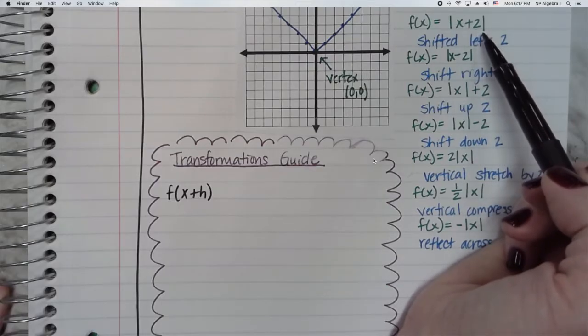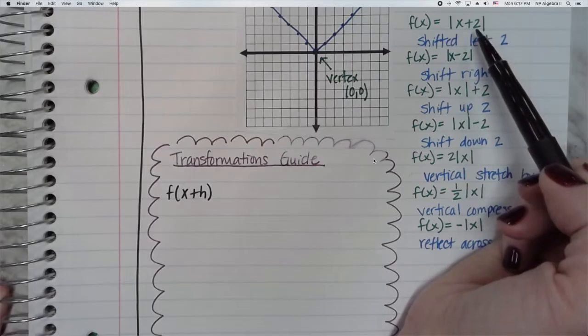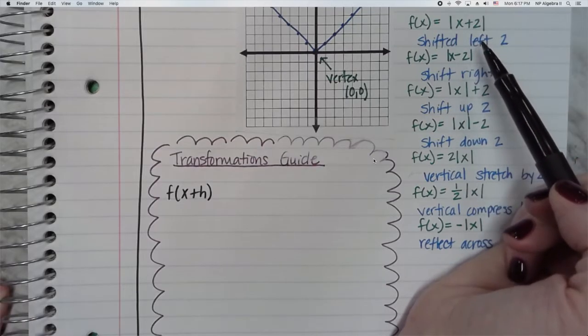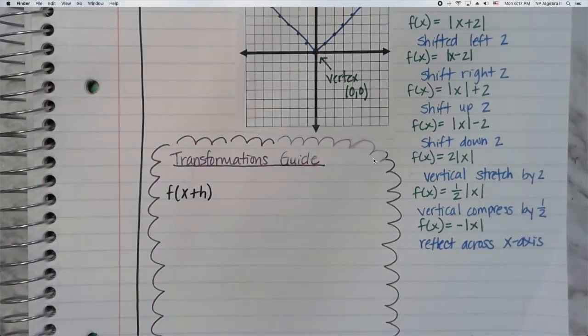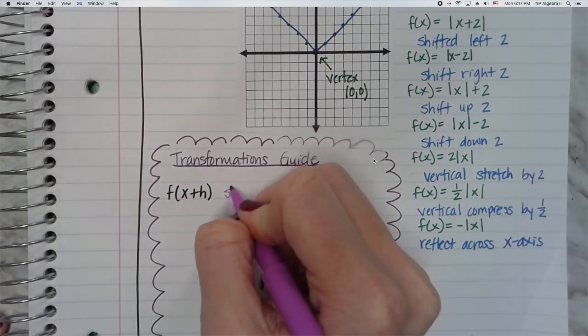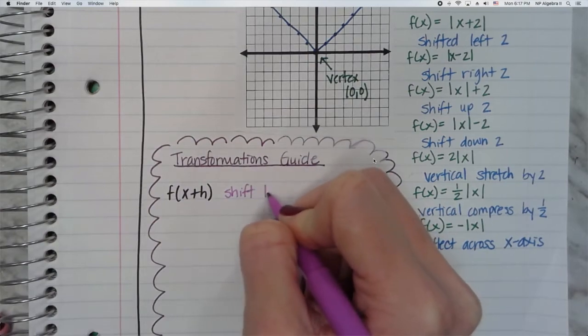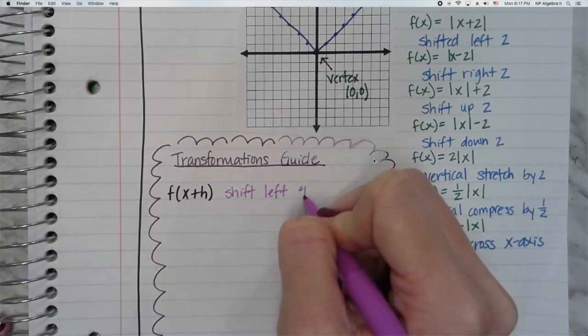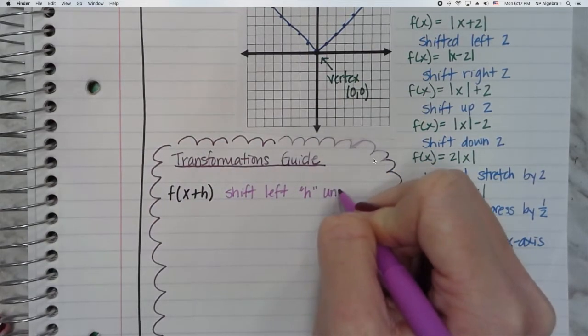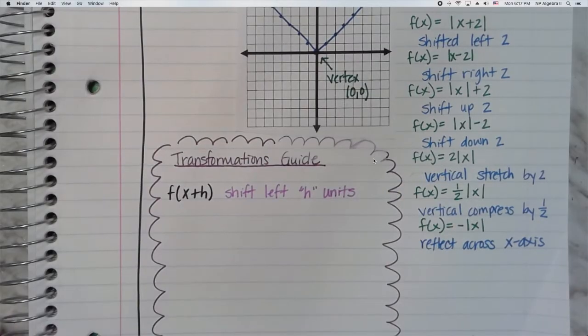And what did we see that occurred when we added something to our x value inside the absolute value bars? Well, it was a shift to the left. And so when something is being added inside of those absolute value bars, and later on we're going to see it as different types of operations, this is going to be shift left h units. Whatever h is, that's how many units we're going to shift.